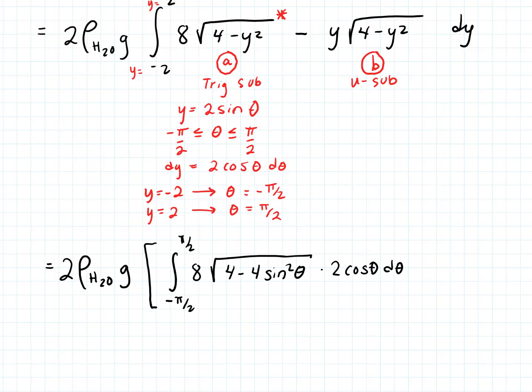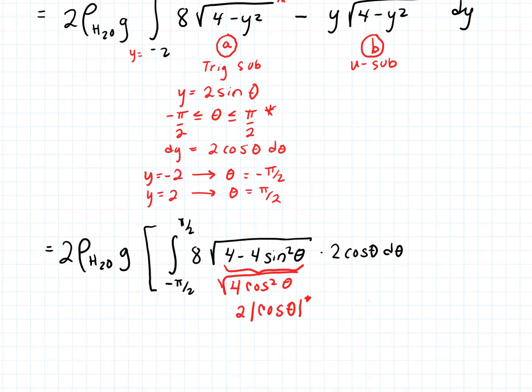We can continue to simplify, and I'll come back to part B in a second. The expression underneath the square root becomes 4 cosine squared of theta, and taking the square root of that becomes 2 times the absolute value of the cosine of theta. But we restricted the domain when we made that trig sub, so we can drop those absolute values.